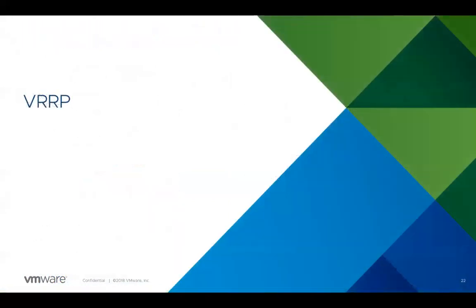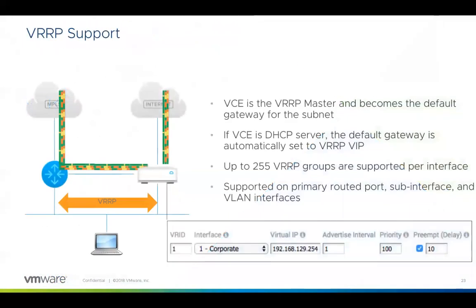Okay. Next, we'll talk about VRP. So with the insertion of the VeloCloud edge and the CE device using VRP, you would use a different interface so that the edge can establish an overlay across that CE device to MPLS.